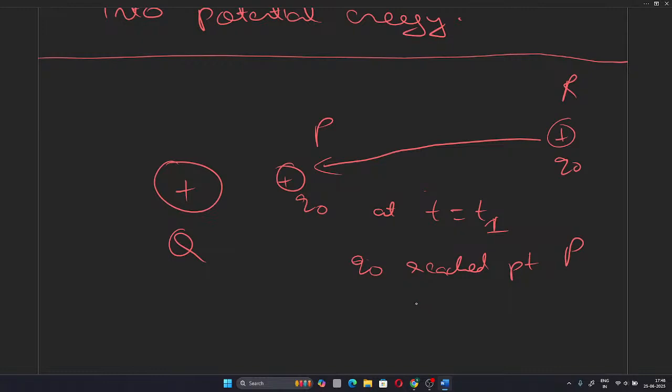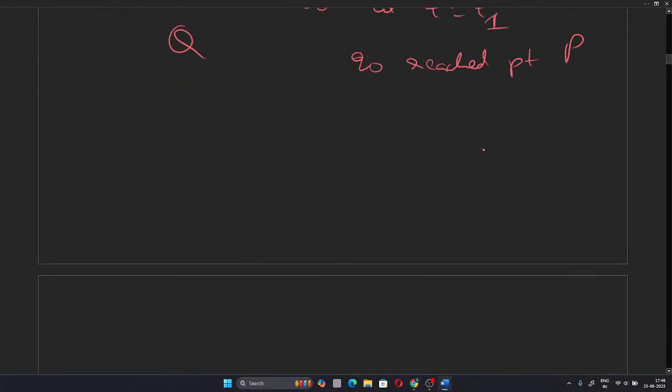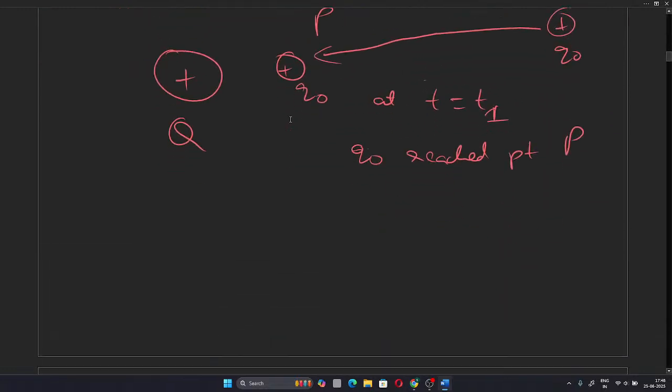At time t equals t1, Q naught reached point P. This is the highest potential point, where PR is the lowest potential point. Now from this configuration, at this time, force on Q naught is F external.